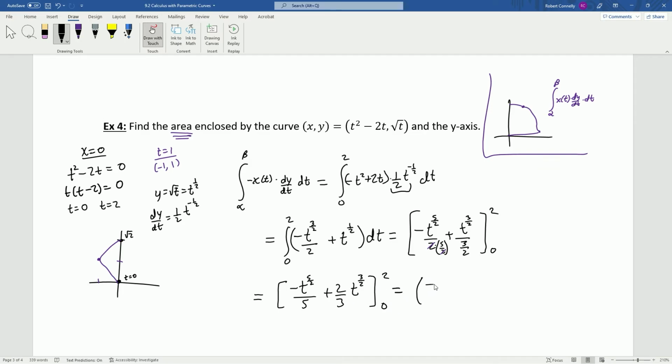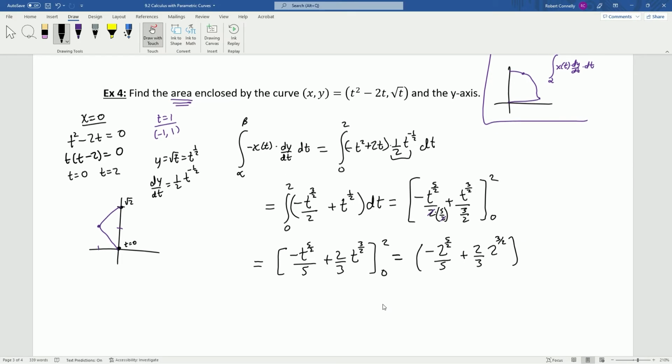Okay, we plug in 2, we get negative 2 to the 5/2 over 5 plus 2/3 times 2 to the 3/2. And when we plug in 0, we're just going to get 0, so that doesn't matter.